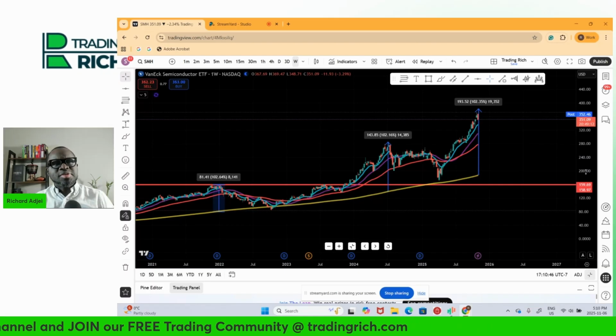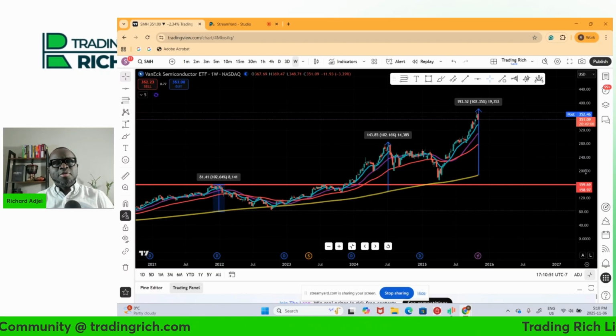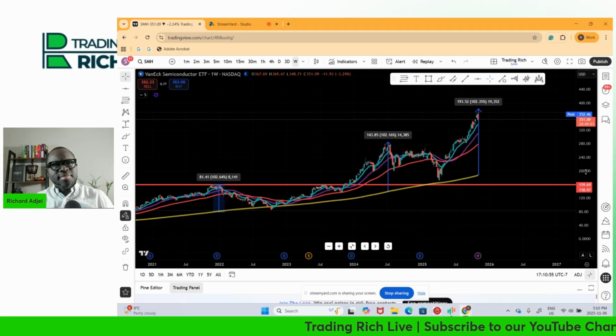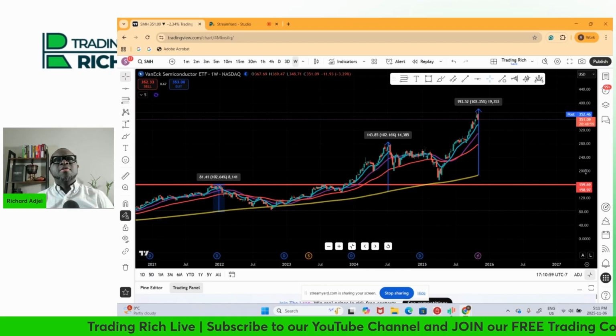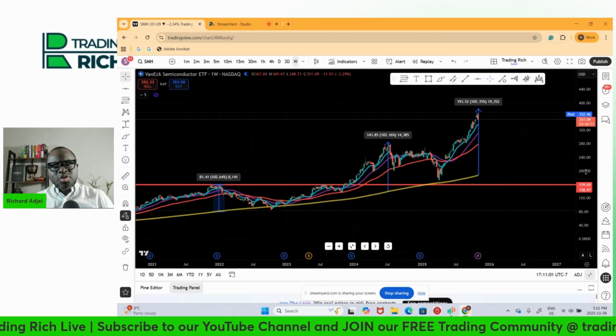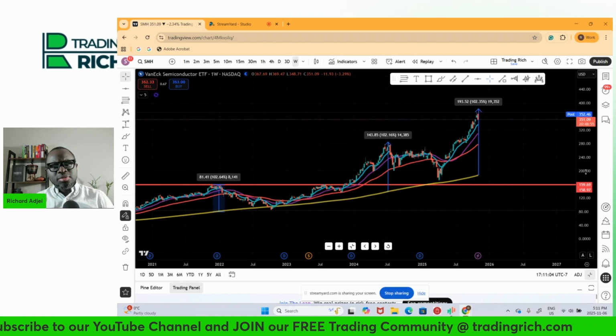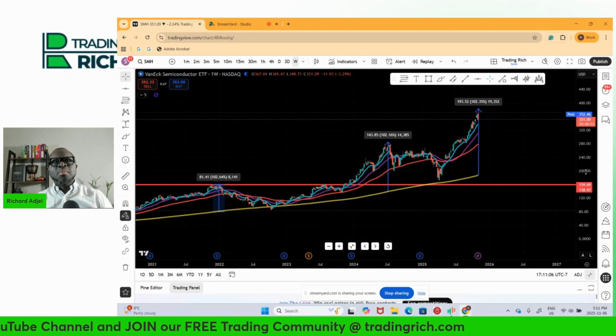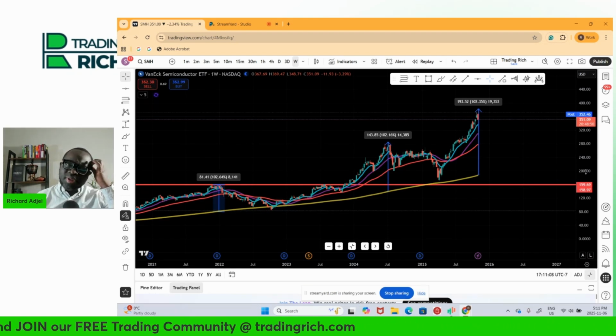Only a few countries in this world have a GDP of more than 5 trillion. That is the US and China. Apart from that, no other country has that kind of huge GDP of 5 trillion and over. So NVIDIA alone is currently the most valuable company on earth.